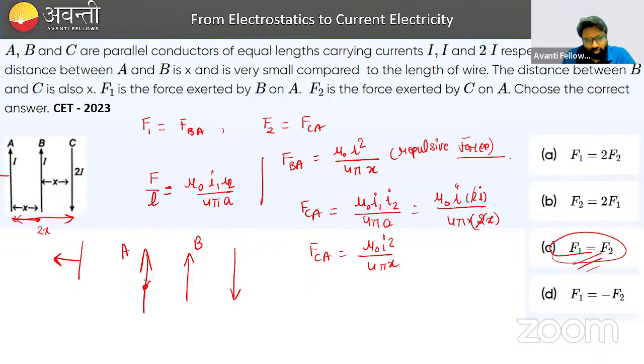The length vector you have to take in the direction of current. So it is always L cross B.